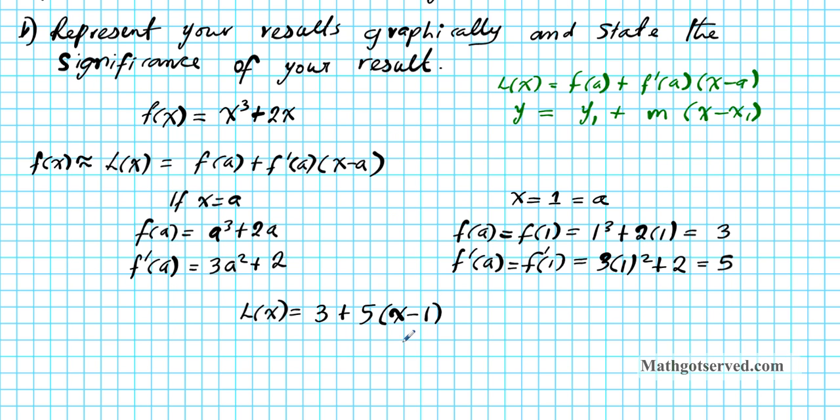All right, let's simplify this. So we have L of x equals 3 plus 5x minus 5, and this simplifies into 5x minus 2. So there goes the linearization of the function x to the third plus 2x.